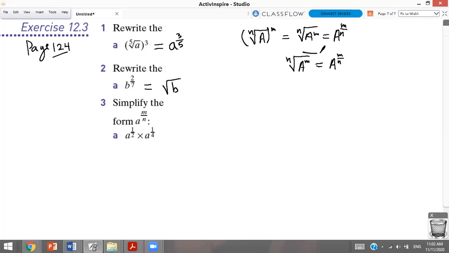You can make it in this direction or the opposite direction. We need the opposite direction. I want to change it into root. Then what is the index here? 7. Good. And what is the power here? 2. Very good. Thank you. You understand now? Thank you, Ammar.